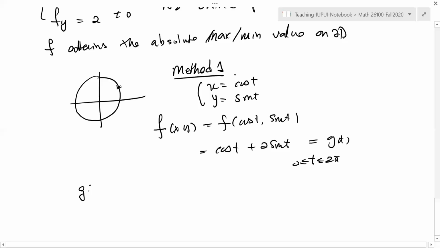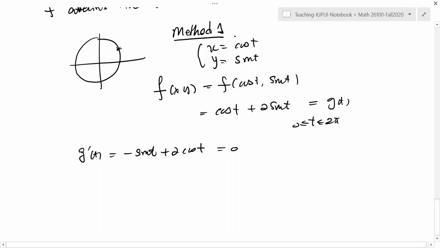So g prime of t equals negative sine t plus 2 cosine t. Then you solve it, find the critical point, so it's equal to 0. The equation you will get is probably not something where we can find the angle nicely. So we just solve the equation.